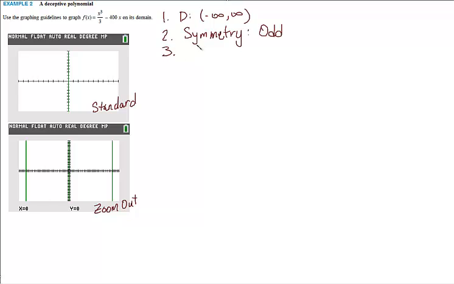Find the first and second derivatives. Alright, f prime, this is so that we can do the increasing, decreasing, and concave stuff. F prime is going to be, if I bring that 3 down, it cancels with that one, so it's just plain old x squared minus 400. F double prime is then going to be 2x.